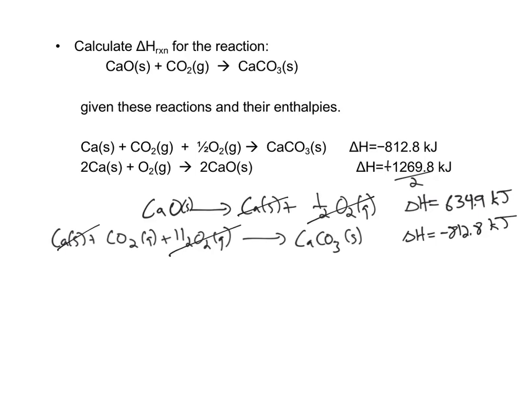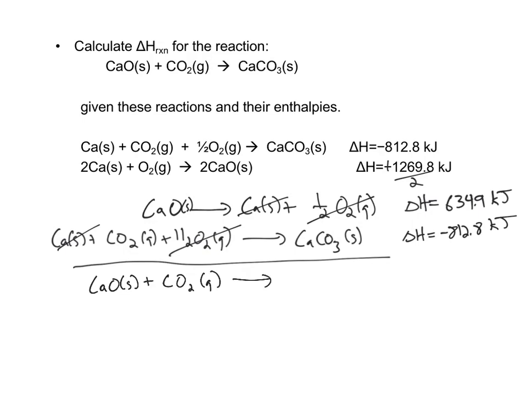I don't see anything else that cancels, and so now I'll take all the reactants that I have left, and they'll be my new reactants, and then all the products that are left will be the products, and so I'm left with, and so that is the reaction I wanted.